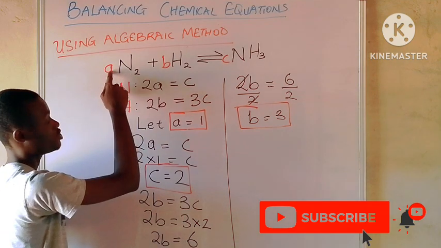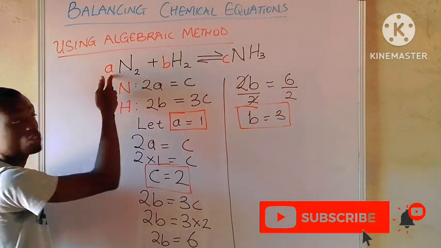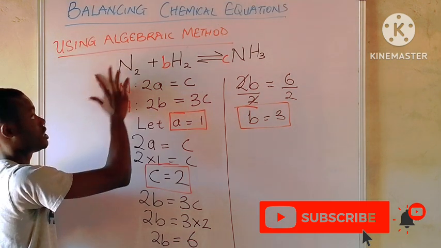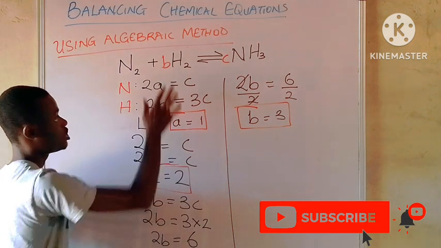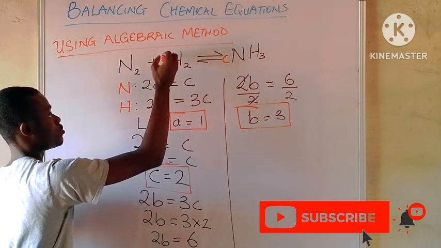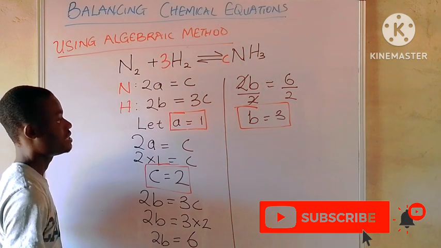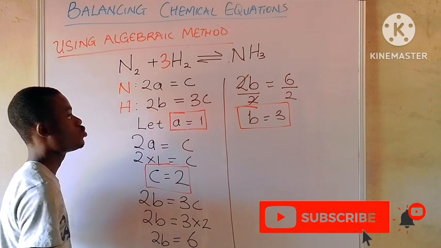I can then come back to this equation and write it with A as 1. In place of A, I'm going to put 1, but there will be no need for that. In place of B, I'm going to put 3, so I can write this as 3H2, and then C is 2, so I can write this as 2NH3.